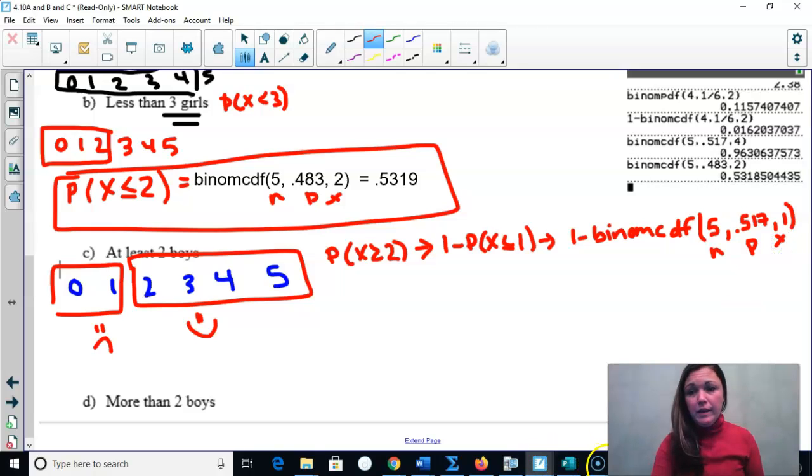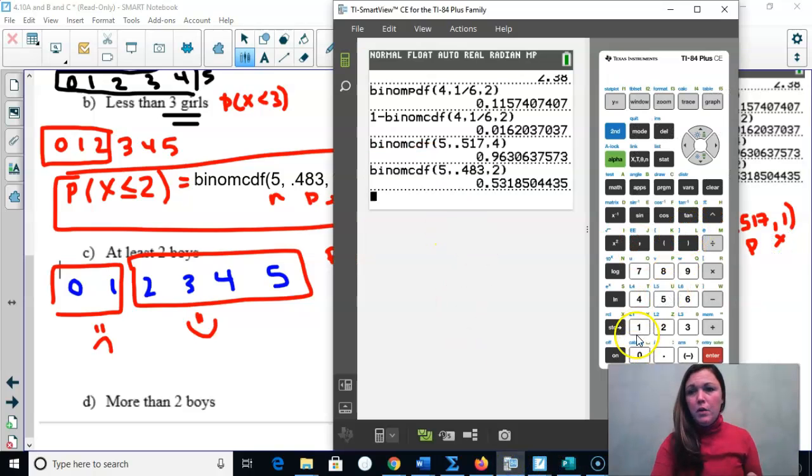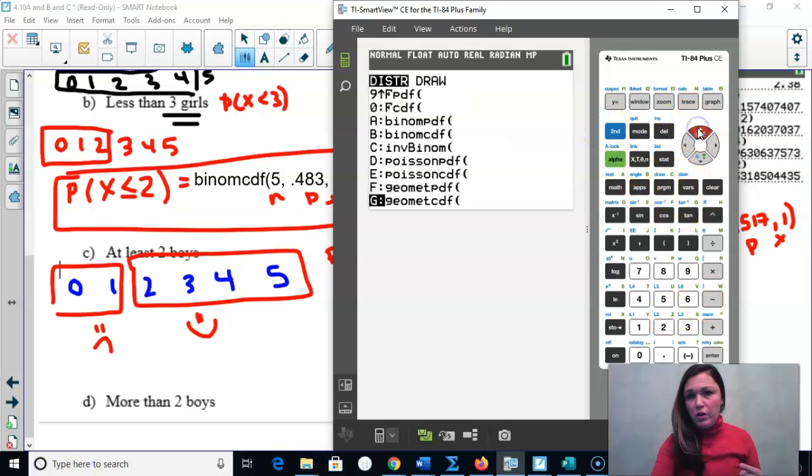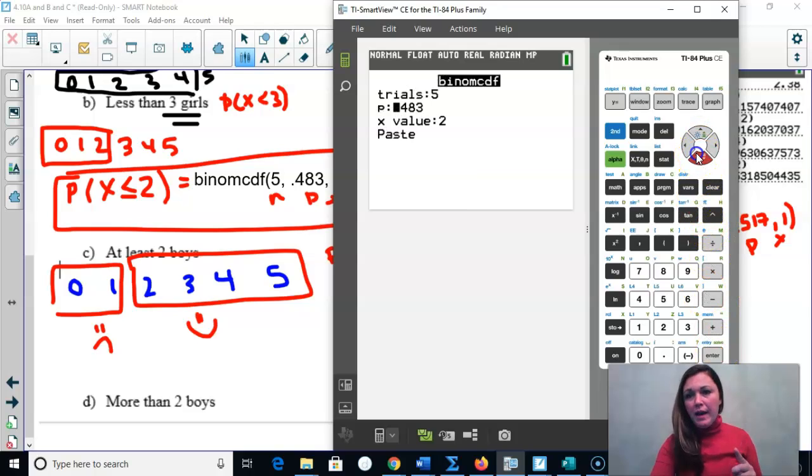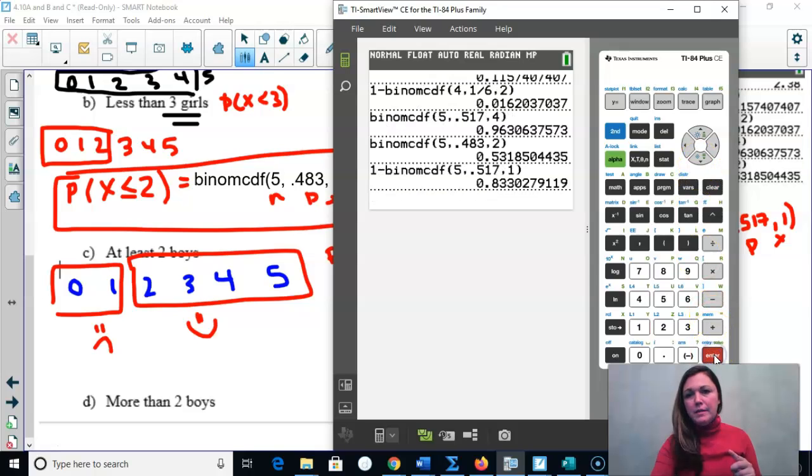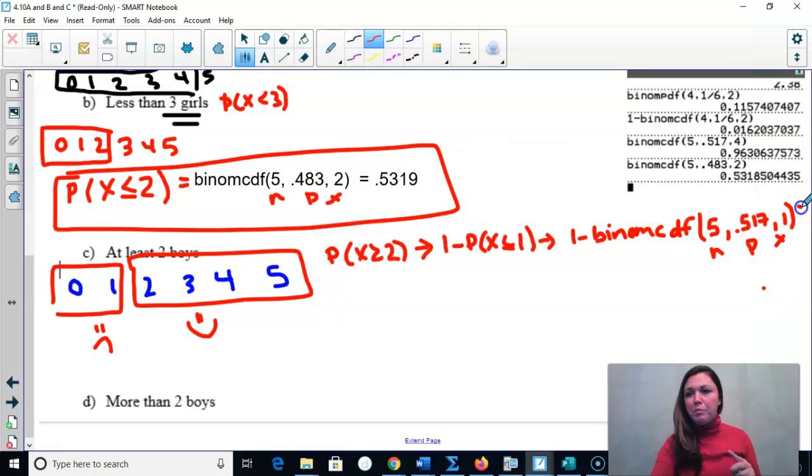We go to that calculator. 1 minus second vars. Scroll up. Hit enter. 5, 0.517, 1, paste, 0.83303, 0.8330 then, okay?